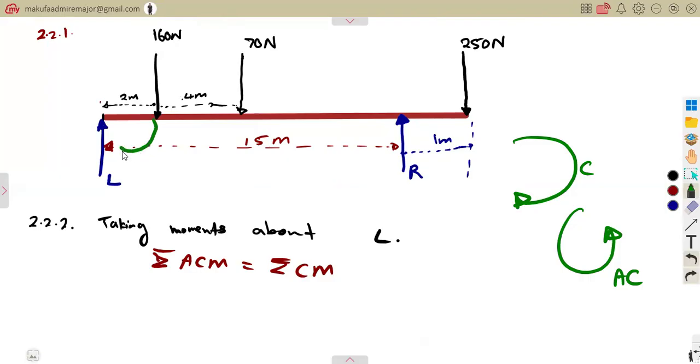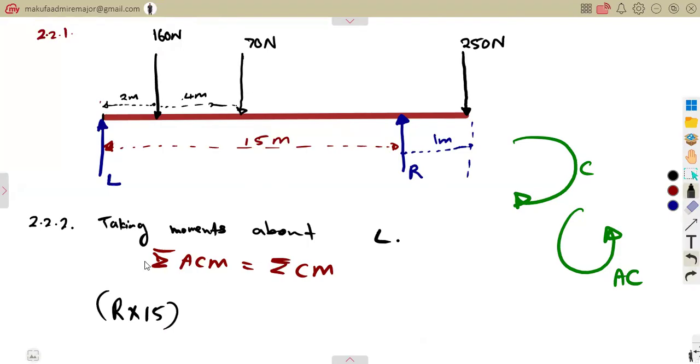Look at this movement, clockwise. So it is only R which is going in the anti-clockwise to L. So R back to L is R times 15 meters.